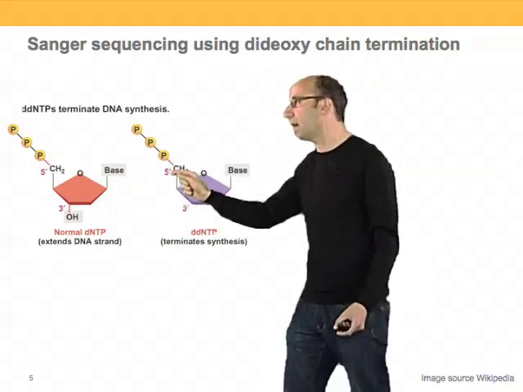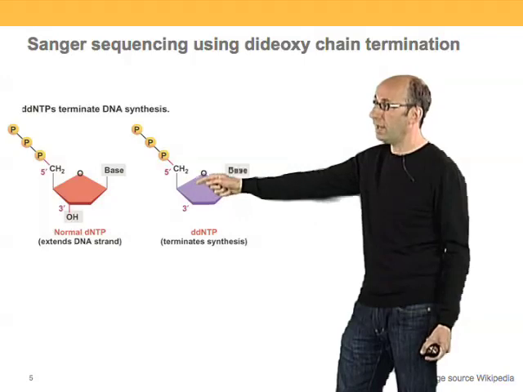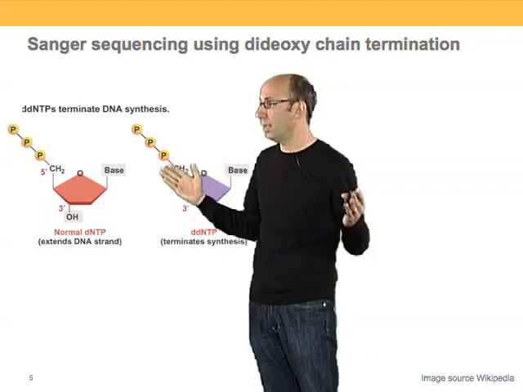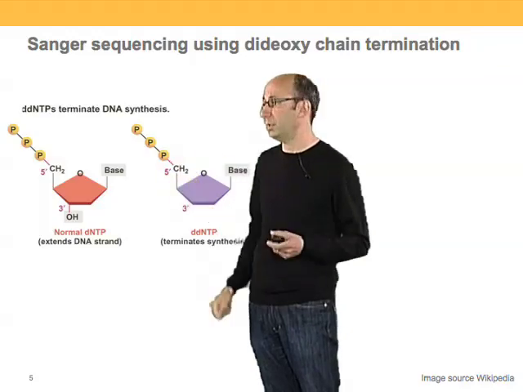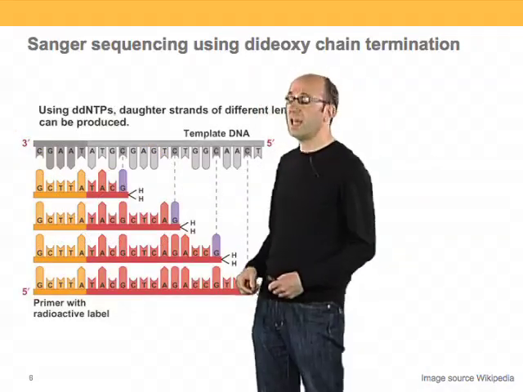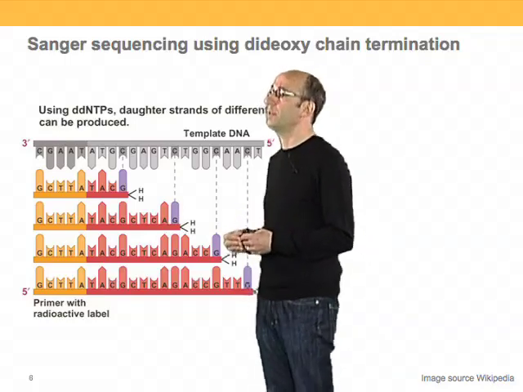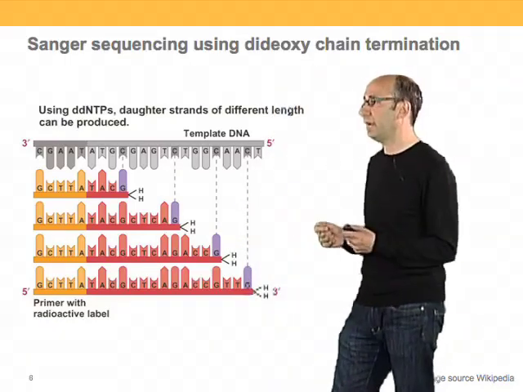But because of its dideoxy nature, it's missing a 3' hydroxyl, and that effectively terminates the chain, preventing further polymerization. Sanger then used this trick of having dideoxy terminators as an approach for sequencing DNA.